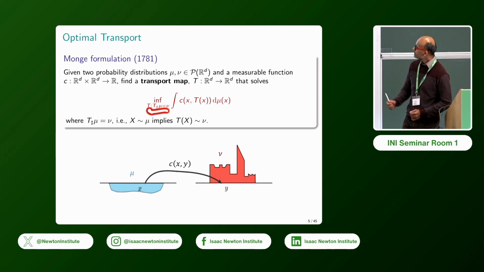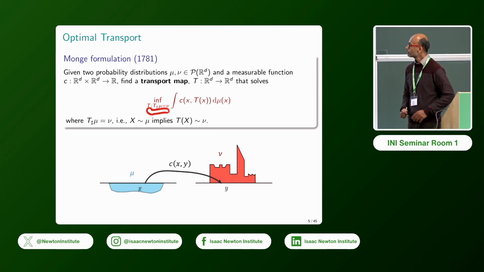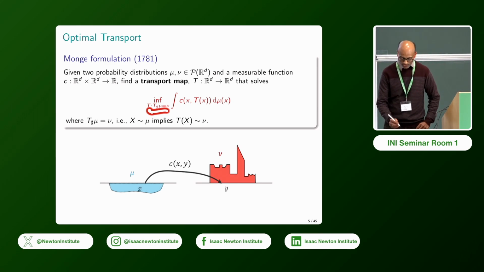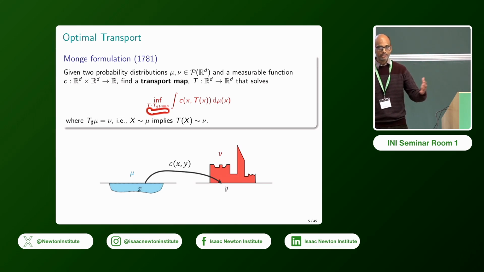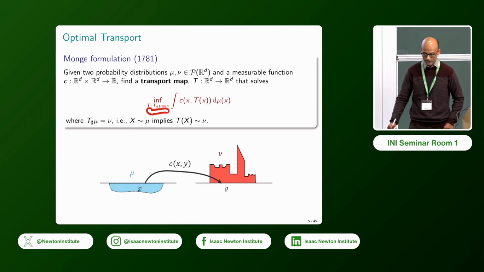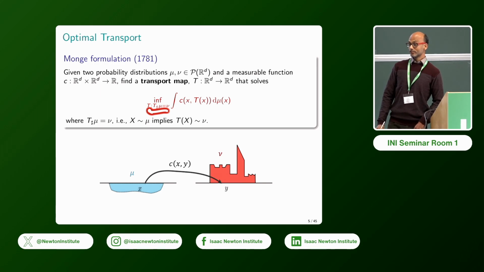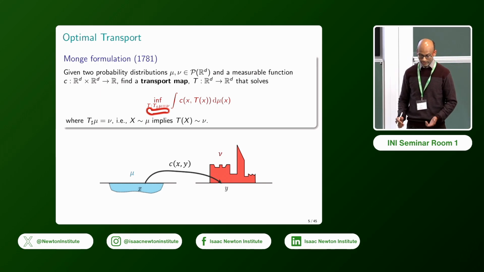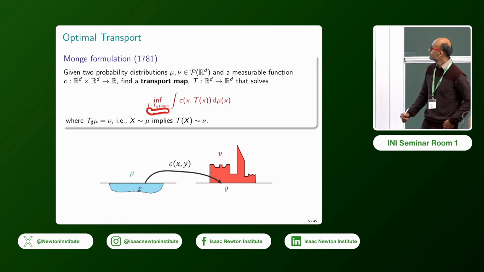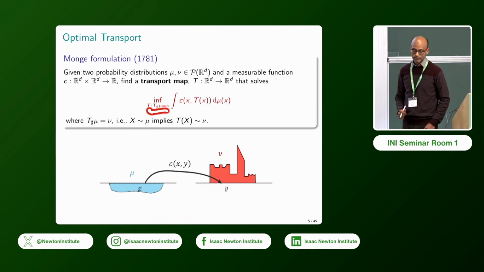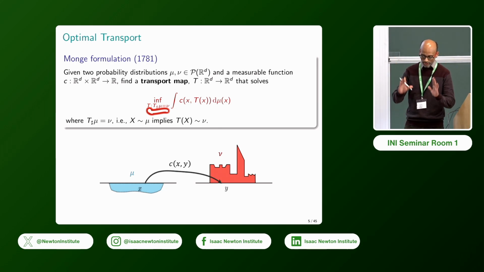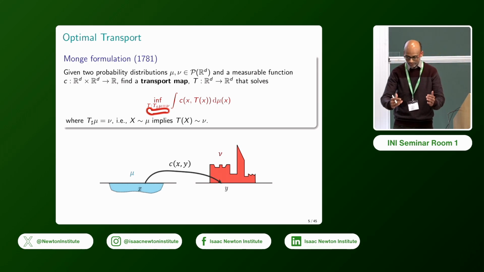So in this picture, we can think of the measure mu as the sand I want to excavate, and I want to transport it and build a factory. That factory has the measure nu. There is no loss of mass in the transportation; essentially the whole excavated sand is used to construct this factory.